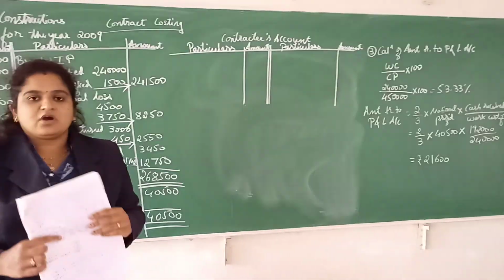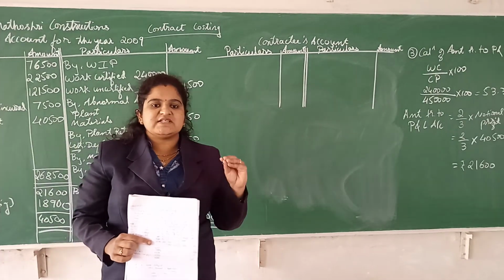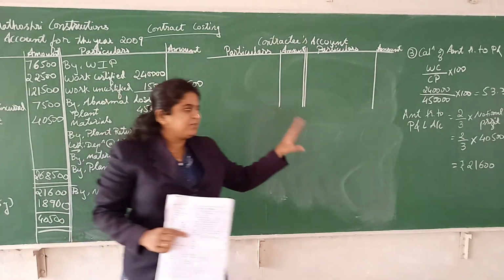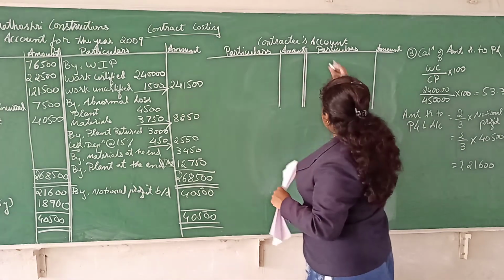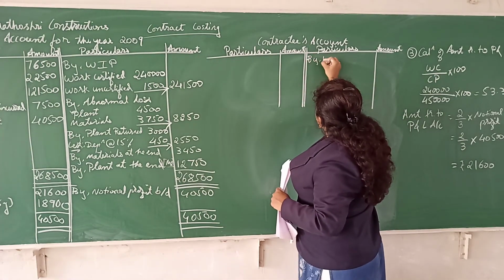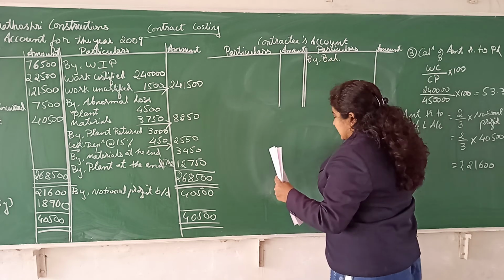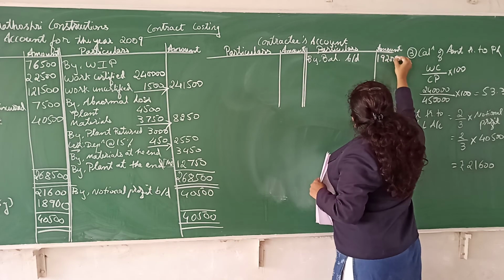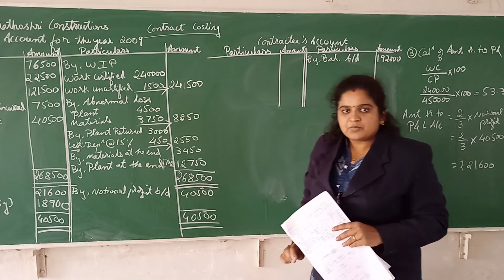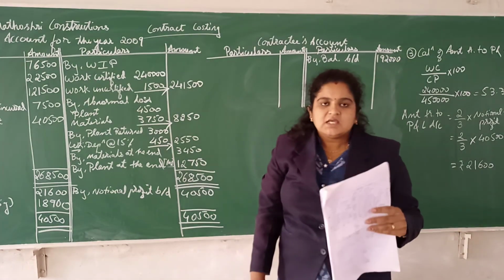So, contractee account. So, in contractee account, whatever cash is received, okay, that will be taken on the credit side of the contractee account. That is by balance brought down 1,92,000. So, this is given in the problem. So, whatever cash is received.